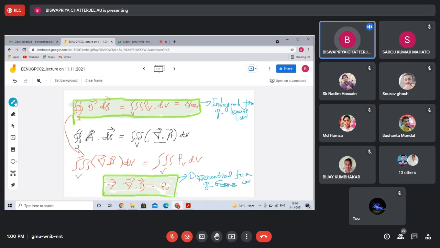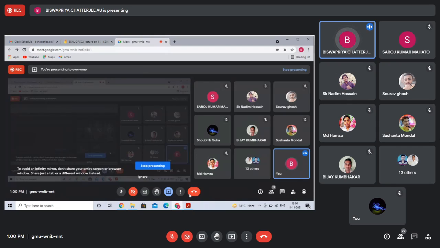Now I must mention why this divergence term comes. What is the relevancy of this divergence theorem with Gauss law? The reason is, when I cited the biryani example, or any other pudding item or any other source of fragrance, whatever be the source, it is diverging throughout the room.